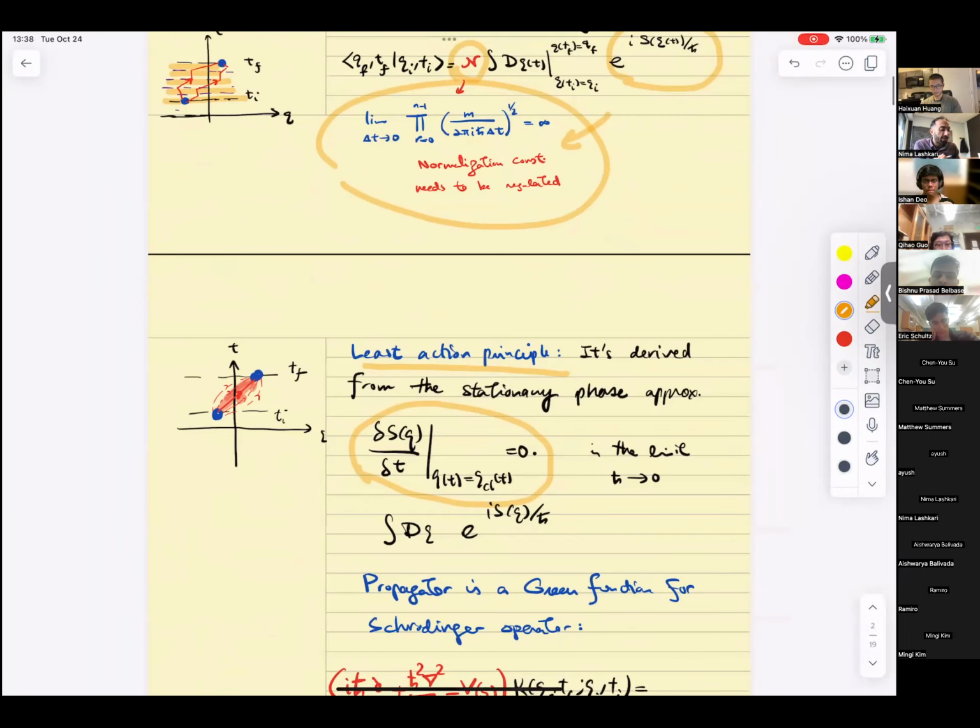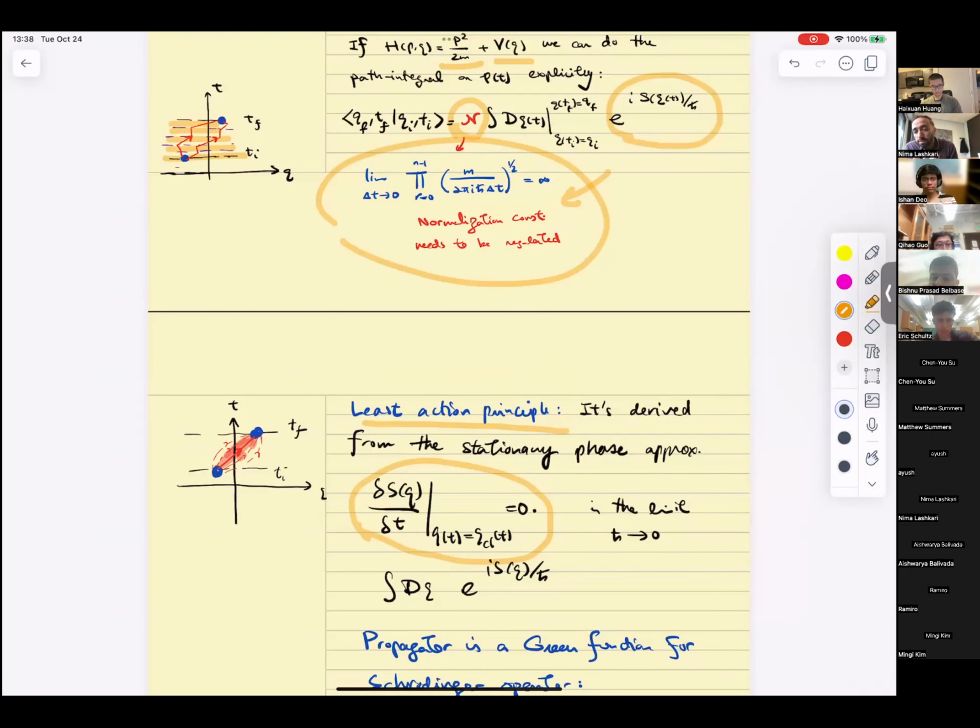The stationary phase approximation tells you that this path integral is dominated by the saddle point of this phase. So you have to vary S of q of t with respect to q of t, and to find it, you have to extremize it.